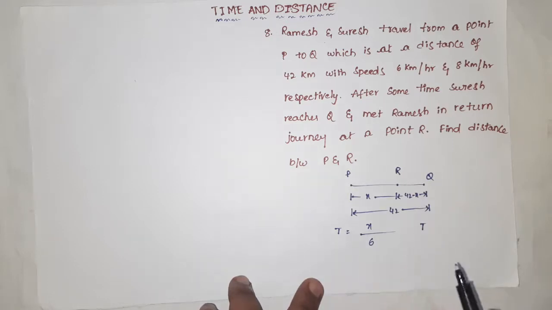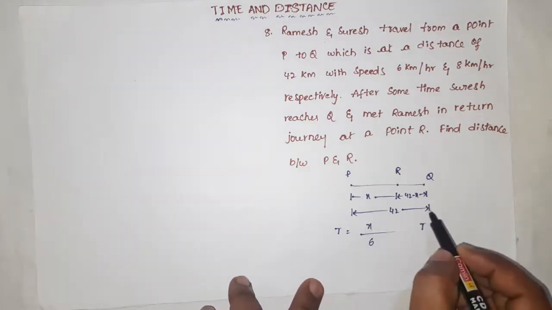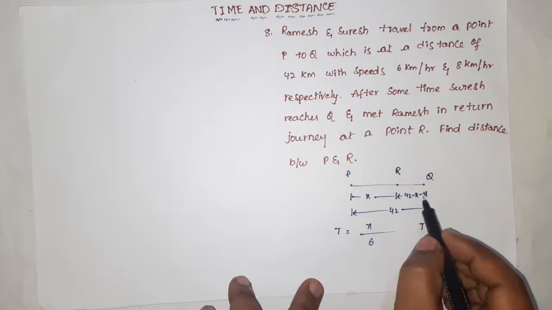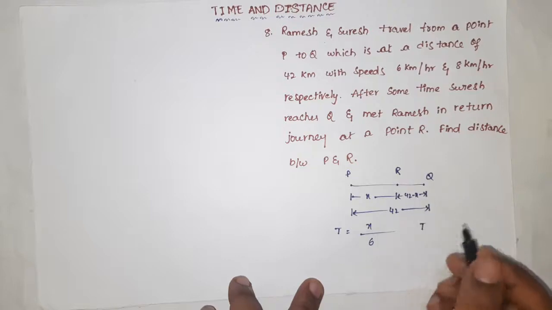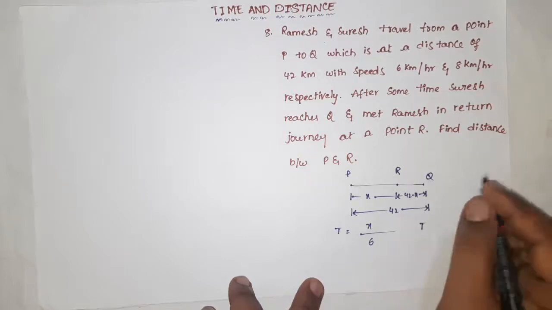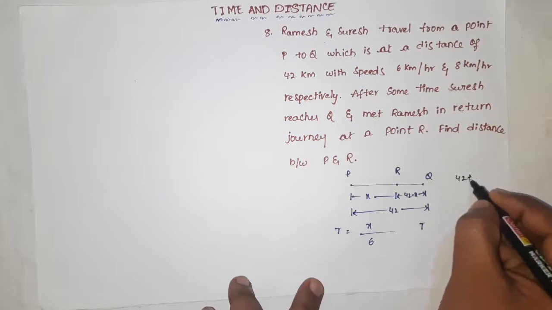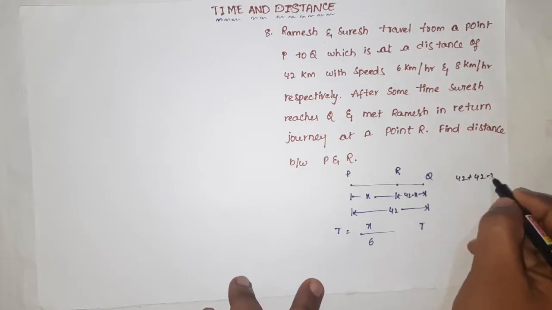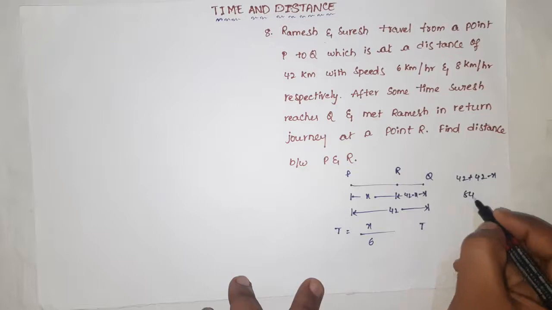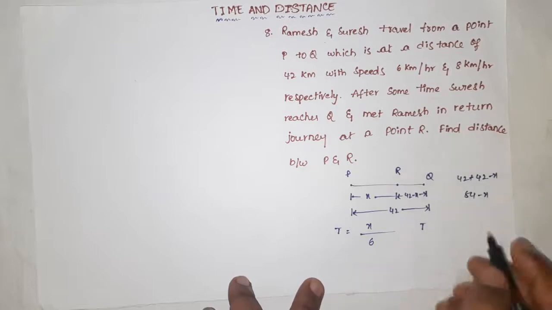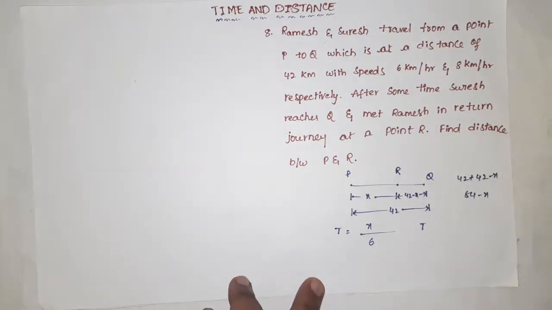So what is the total distance covered by Suresh? He covered the entire 42 kilometers and he covered 42 minus X distance. So the total distance covered by Suresh is 42 plus 42 minus X. So that is 84 minus X distance he has covered in that particular interval of time.